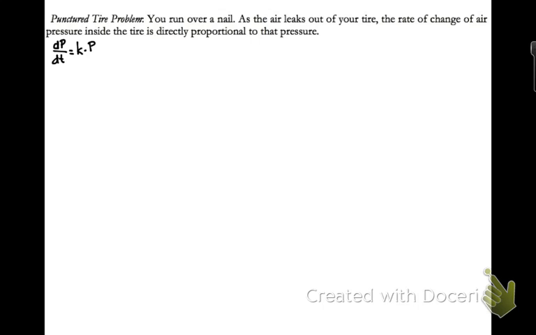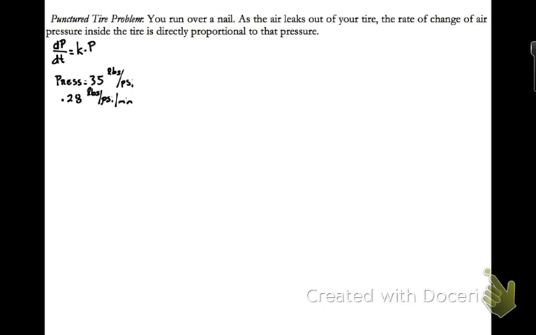Now, the first thing we'd like to do is write a differential equation that states that fact. So here are our fixed values: the pressure is equal to 35 pounds per square inch, and is decreasing at a rate of 0.28 pounds per square inch per minute.